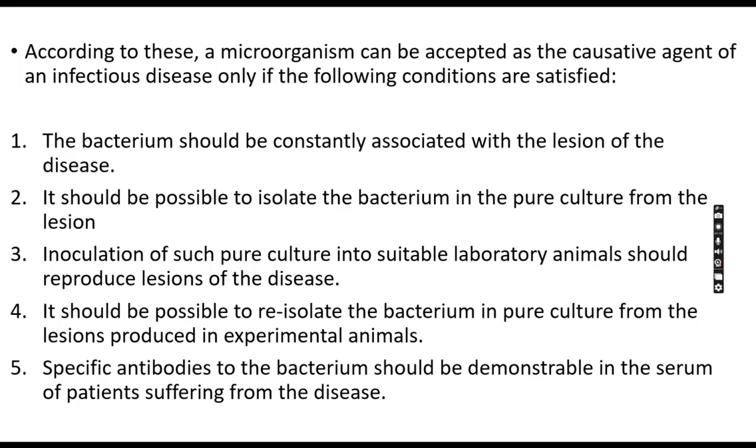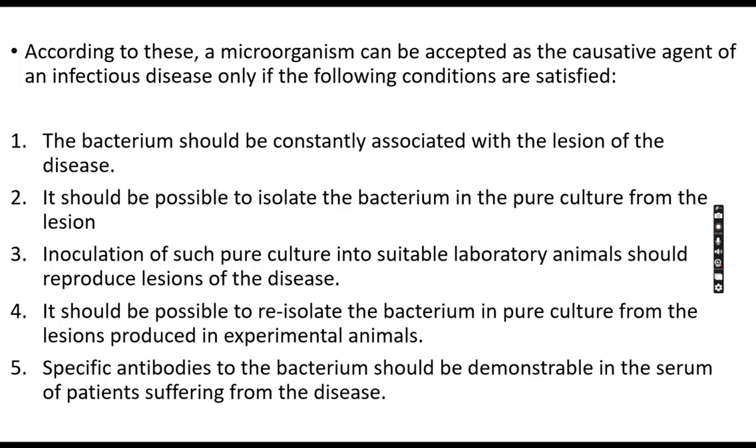So you introduced that into the laboratory animal in the third point, right? So the fourth point says that you should be able to re-isolate, meaning the same bacterium you should isolate from the animal also. There should be a correlation between the bacteria you isolated from the patient as well as in the experimental animal.